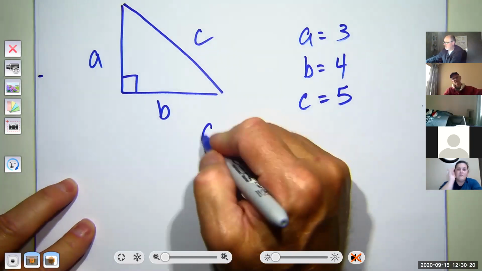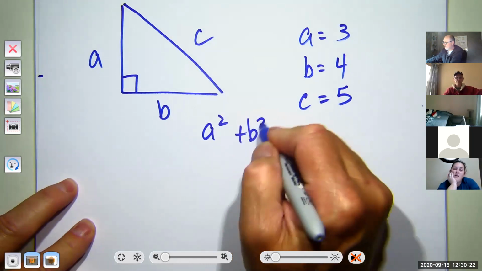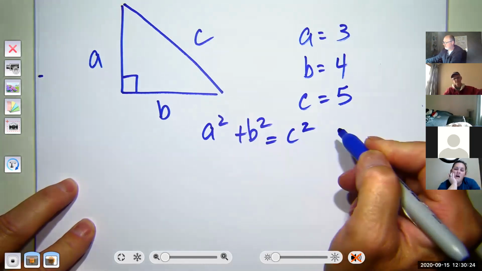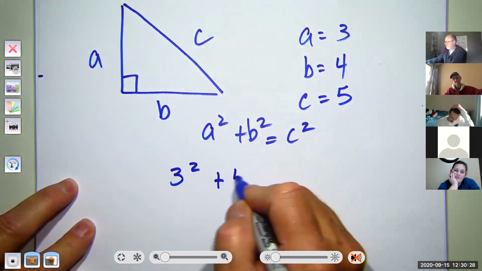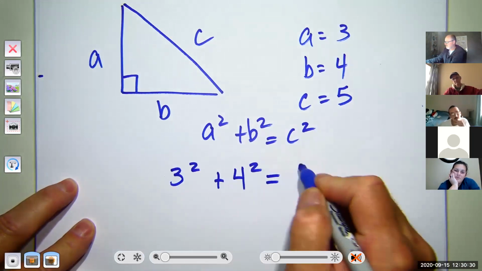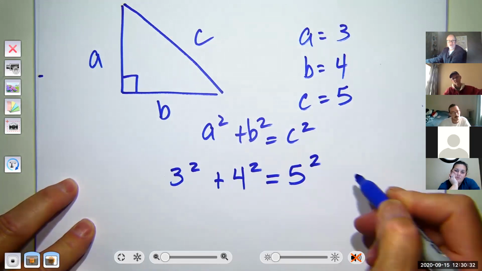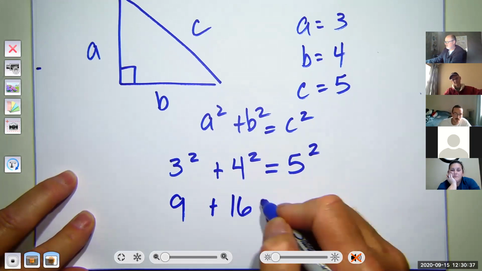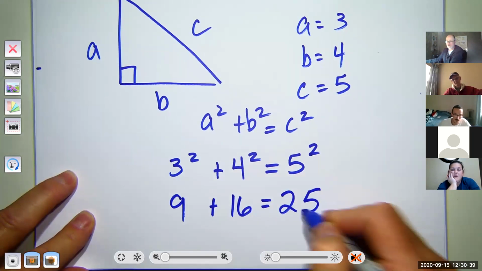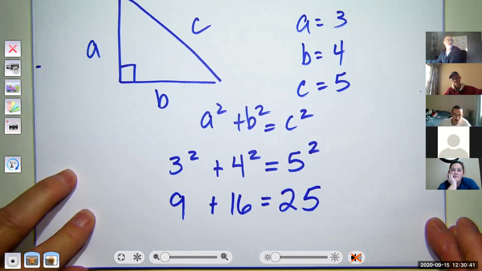And we'll do A squared plus B squared equals C squared. So we're going to go 3 squared plus 4 squared is equal to 5 squared. 9 plus 16 equals 25. Look at that. That is proving the 3-4-5 rule.